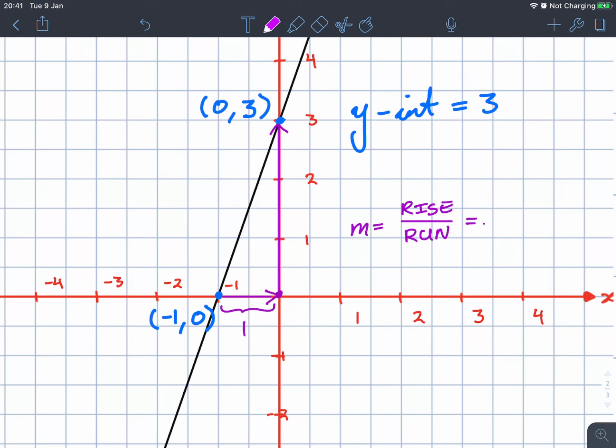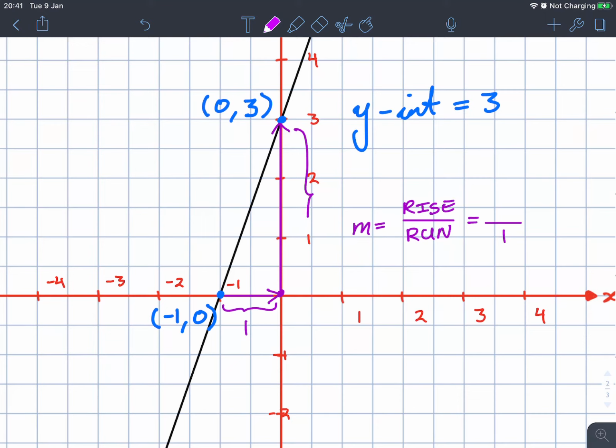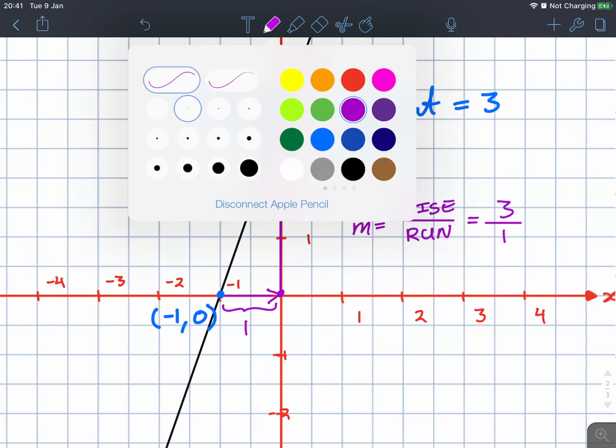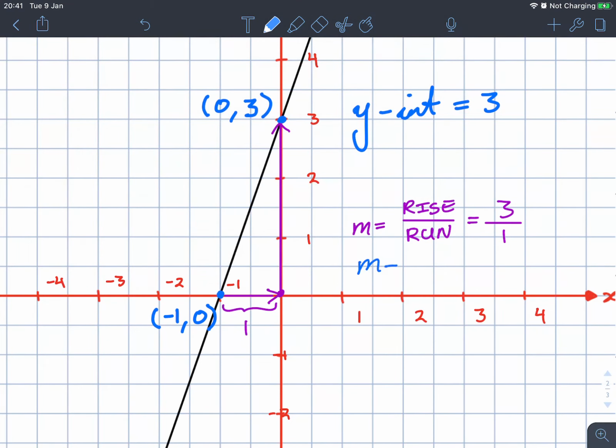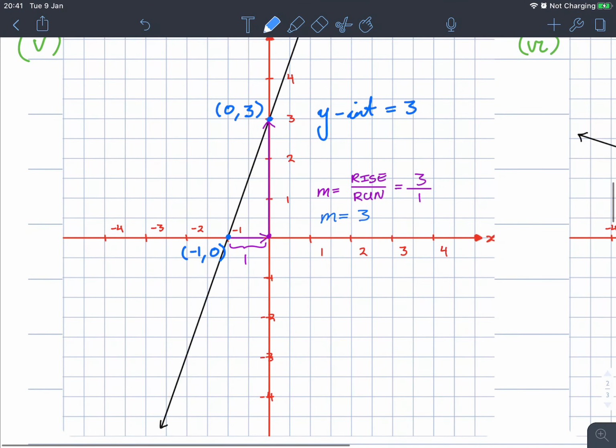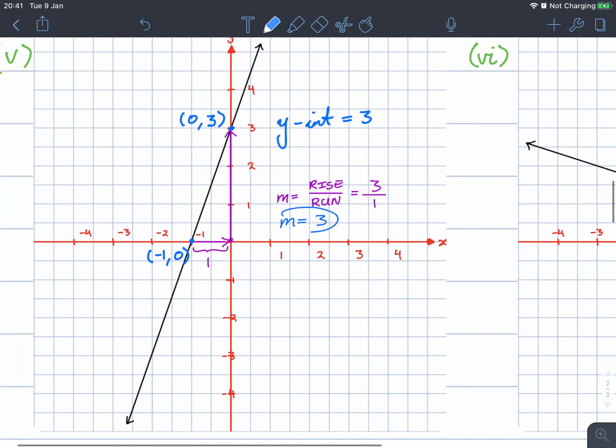Our run is 1, and our rise is 3, so 3 over 1. Our gradient is 3. And if we wanted to write this in our gradient intercept form, the equation is going to be y is equal to 3x, and our y-intercept is +3, so plus 3.